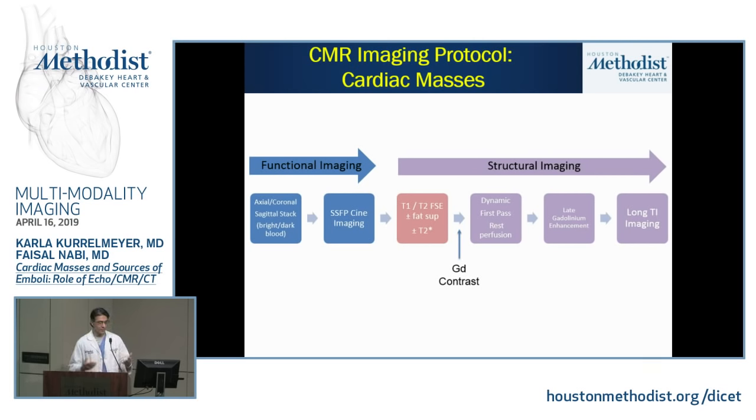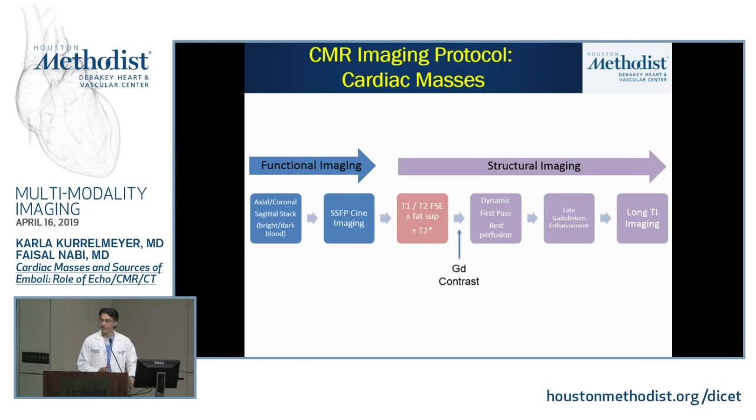So here's kind of what we do when we do a cardiac mass protocol with CMR. We generally begin with some functional imaging, and that usually is mostly our SSFP cine images that you guys are very well used to seeing. After that, we perform real interrogation of the structure of the mass itself, and we do that in two ways.